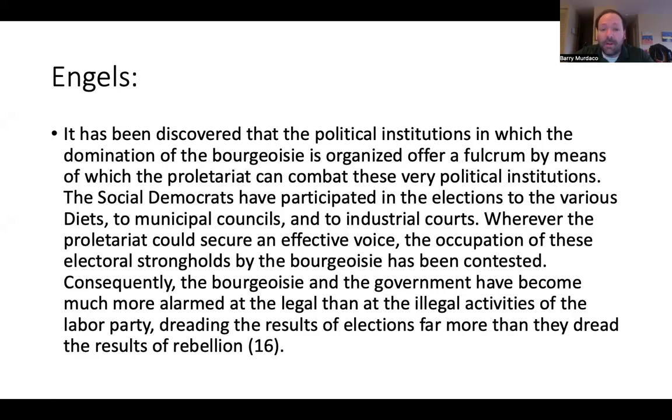Obviously, that did not happen, but that was the belief that people had, at least in the late 19th century. And it is worth pointing out that that was in some regards the original version of how a socialist revolution was supposed to take place.